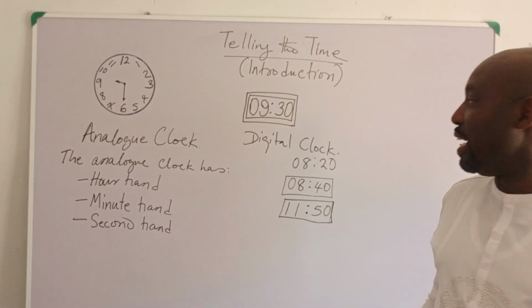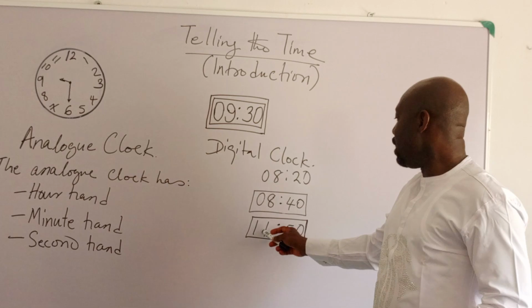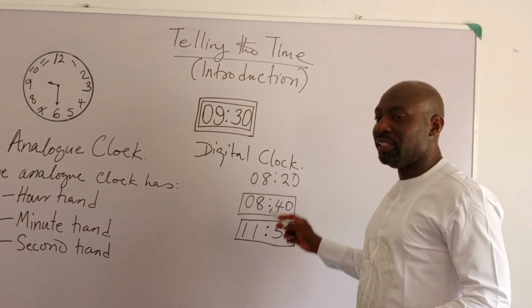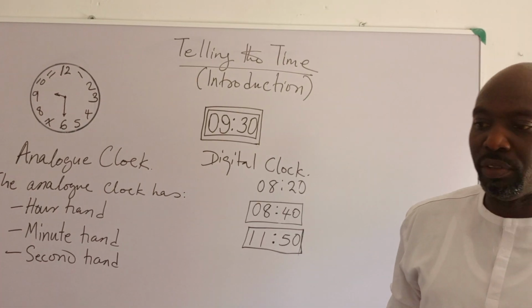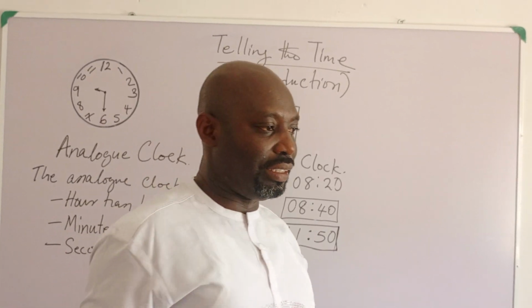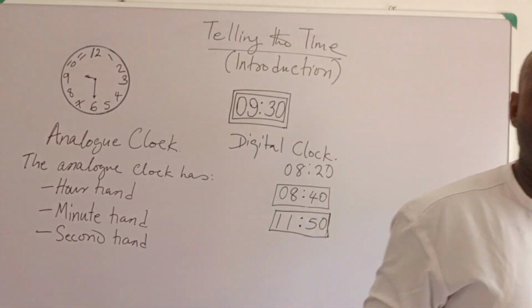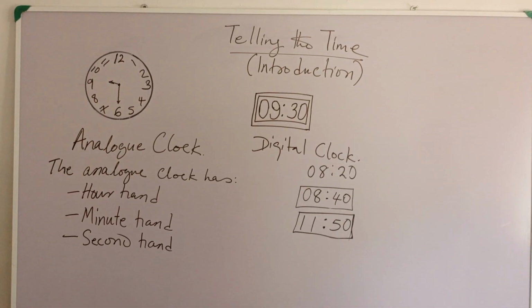They say things like 8:40, 11:50, 8:20, but that is not how to tell the time. It's good students know how to tell the time. So today I'm going to be teaching you how to tell the time.